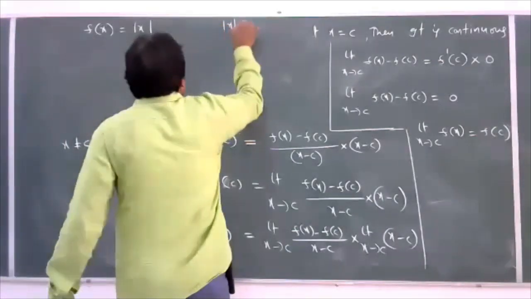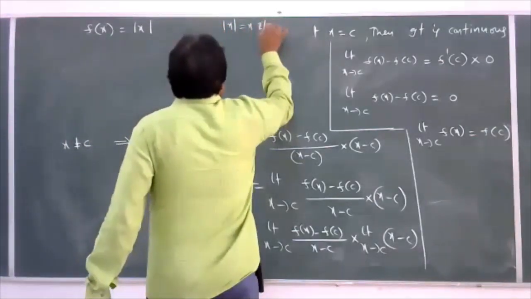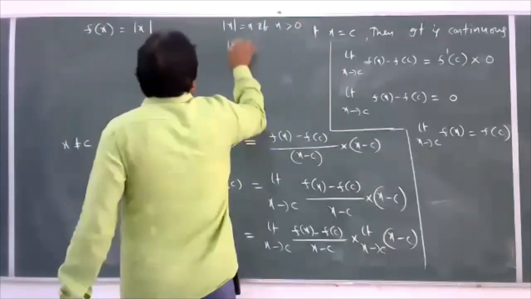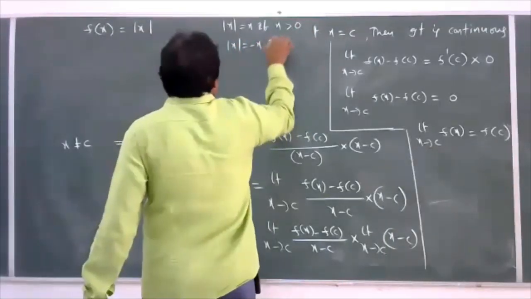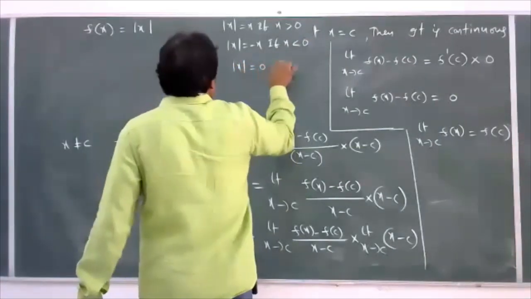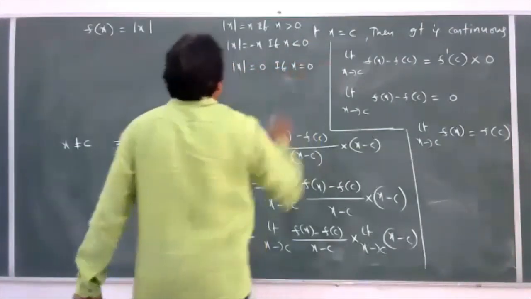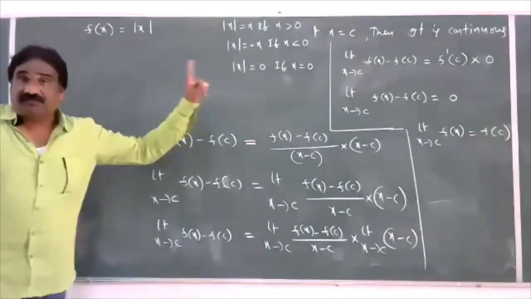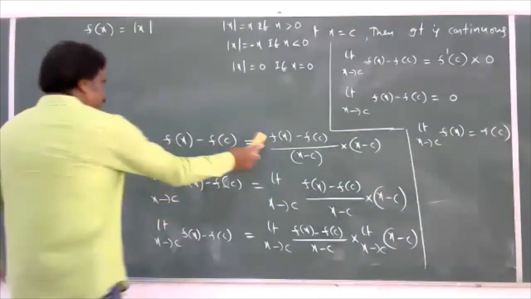Mod x is equal to x if x greater than 0. Mod x is equal to minus x if x less than 0. Mod x is equal to 0 if x is equal to 0. This is the definition of mod x, you know.